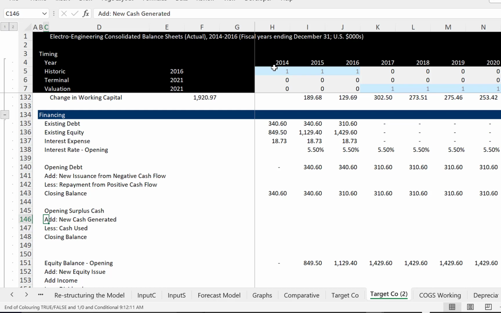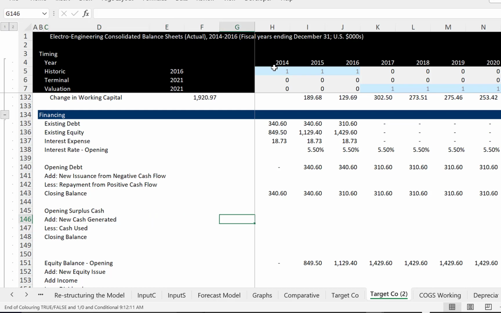If the cash is negative, we're going to use some of the cash. If the cash is negative and we've not got any cash left, we're going to use a minimum statement and we're going to have to issue new debt. If the cash is positive and we have some new debt, we're going to repay it. But if we have no new debt left, we're going to put it on the balance sheet.